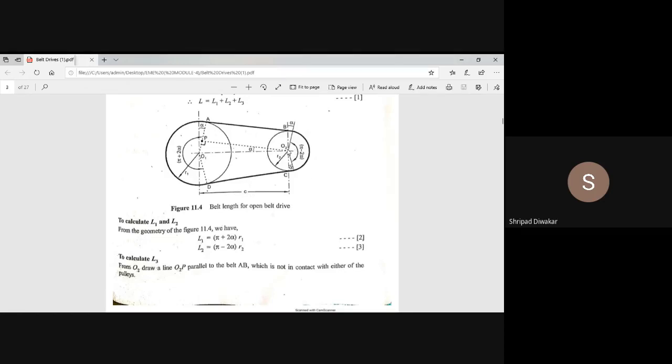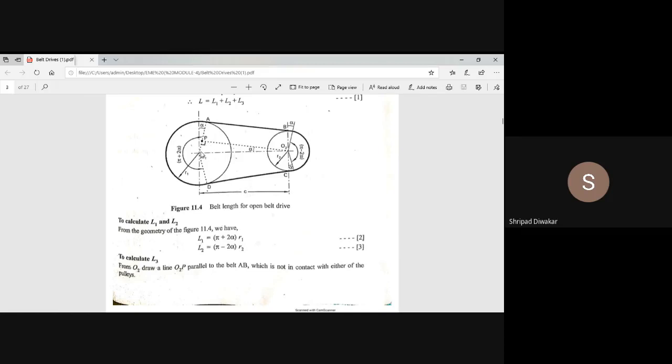Whereas cos alpha means what? O2P divided by O1O2. You studied this in trigonometry. So sine alpha is the opposite side O1P divided by the hypotenuse O1O2. Hypotenuse O1O2 means what? Your C. How about the length O1P?